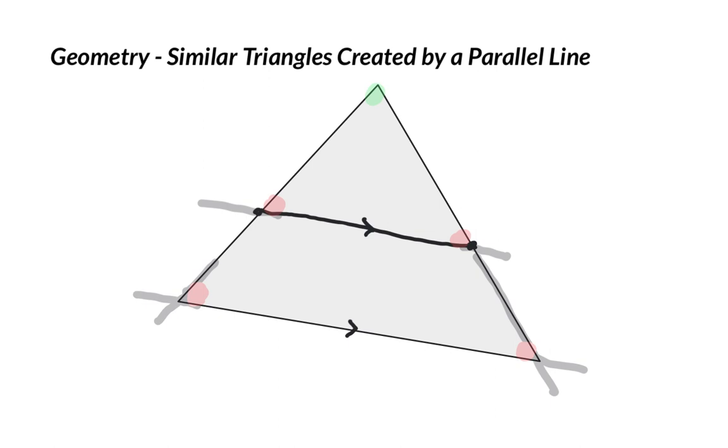So we have one triangle, the big triangle, this one right here, and it is similar to this smaller triangle right here. And again, that's if we create this parallel to the other side, because then we have created these corresponding angles.